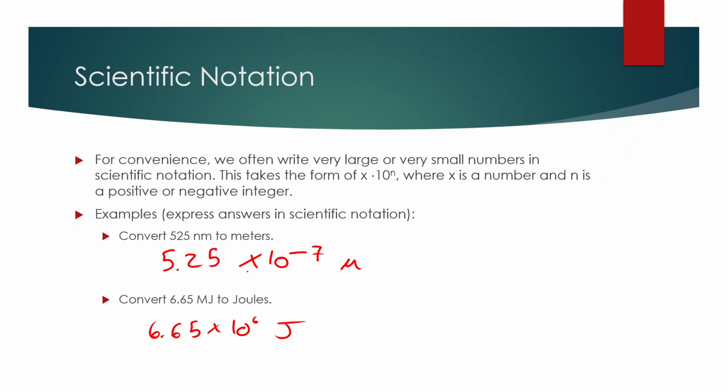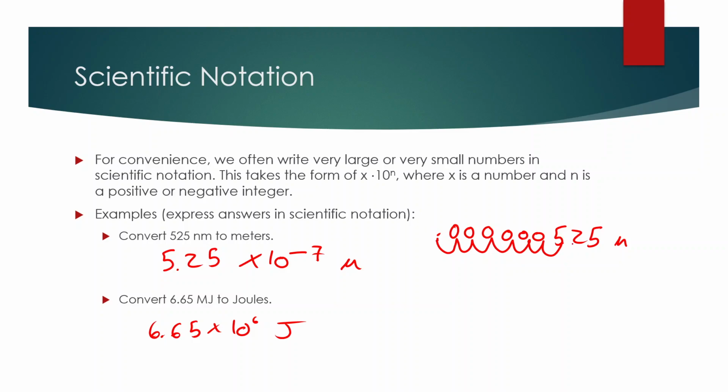So again, what this number would look like is 0.00000525 meters. To convert to scientific notation, we just move the decimal 1, 2, 3, 4, 5, 6, 7 until it's between the first two numbers.